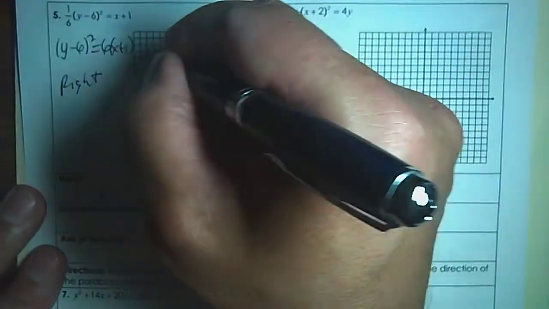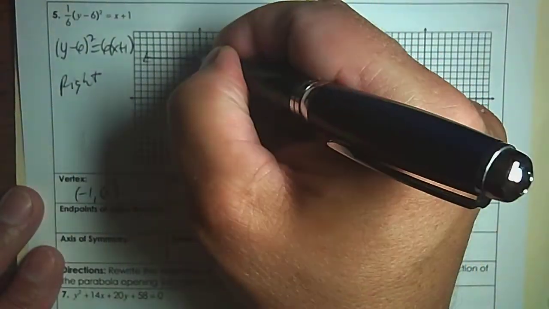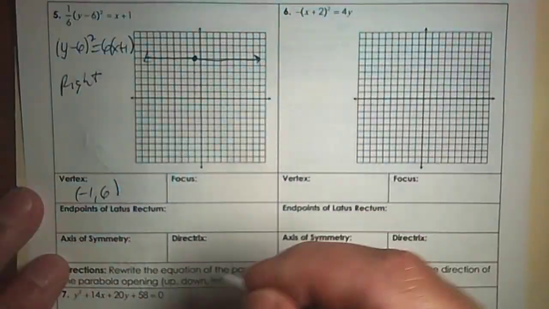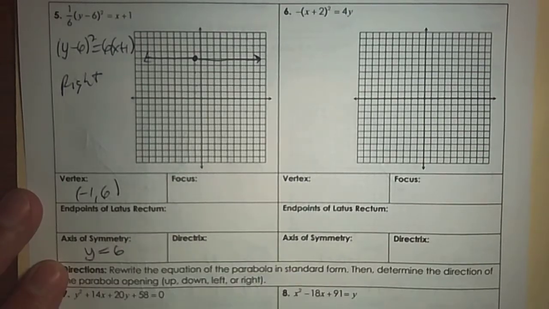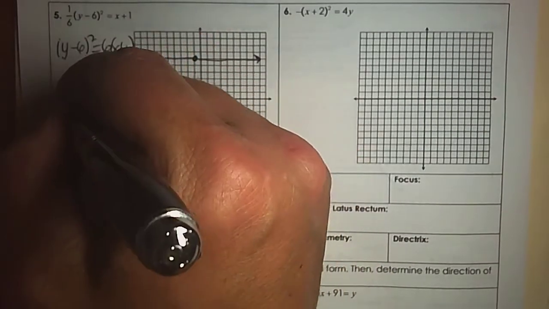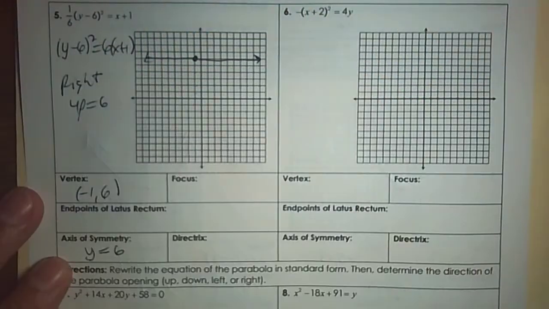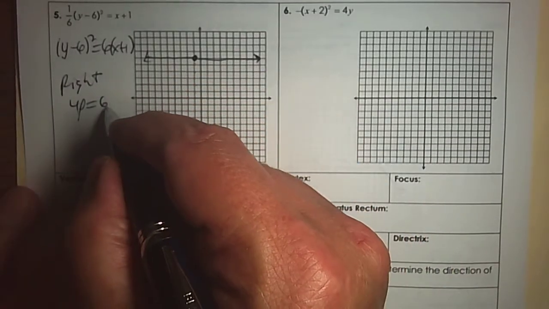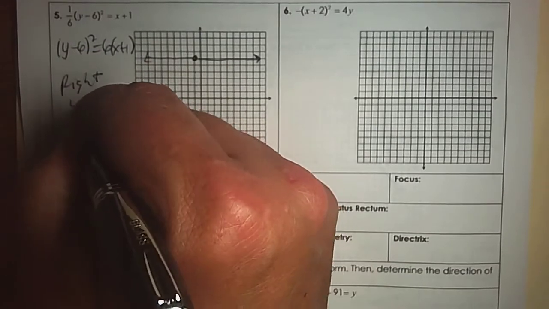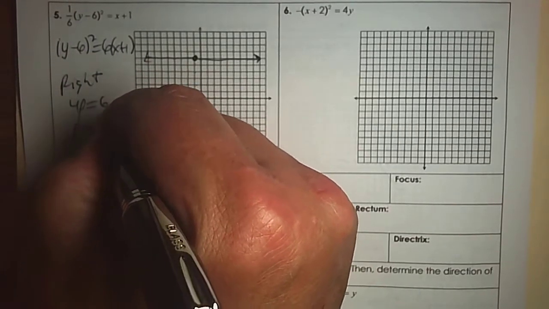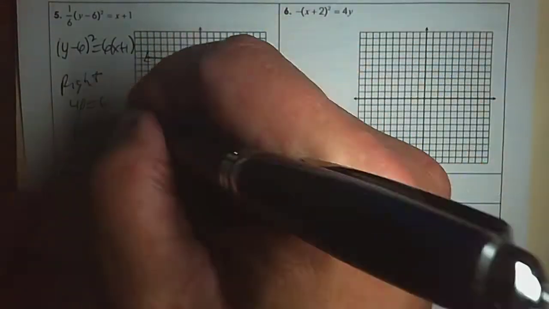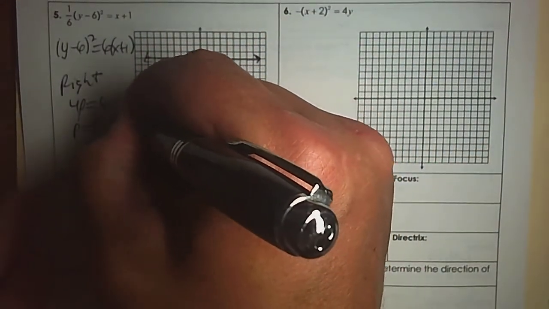And that means because it goes to the right, the axis of symmetry goes left to right to split it in half. And I could write that down right now. That's y equals 6 for the axis of symmetry. All right, how do I find the rest? So let 4p equal 6. That's the length of the latus rectum. Divide by 4, and 6 divided by 4 is like 3 divided by 2, which of course is 1.5, but make it easier on the graph, right? 1.5.